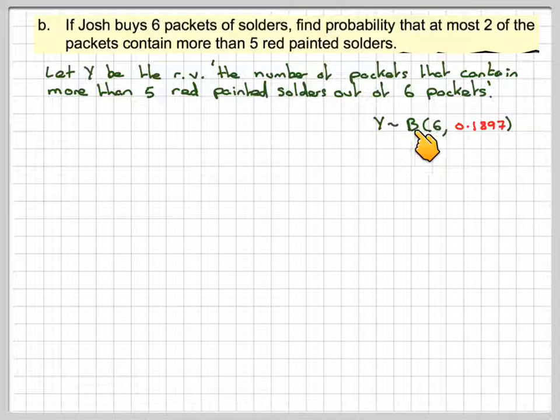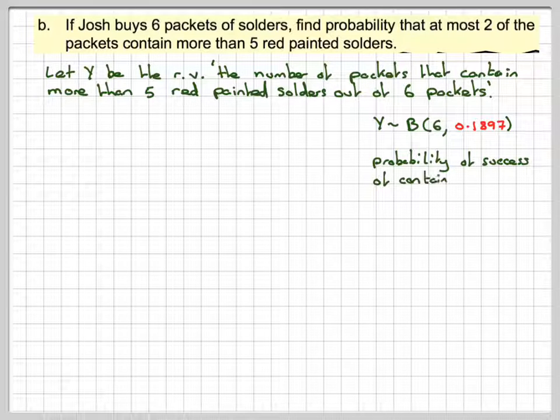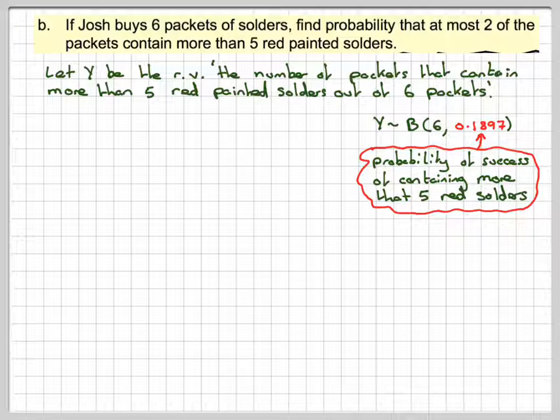Then Y will be binomially distributed. There's 6 packets to consider, and the probability that a packet has more than 5 red painted soldiers is 0.1897 from part A.